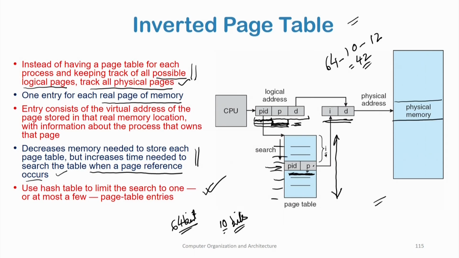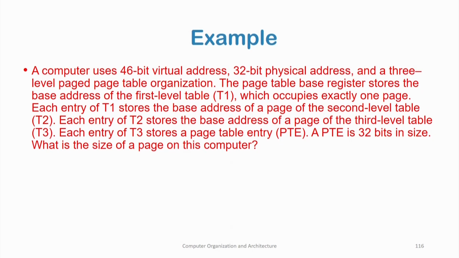So, with this we have understood a few ways in which page tables are organized, and the mechanisms by which we try to control the size of a page table in main memory. Before completing, we will take an example and solve a small numerical.